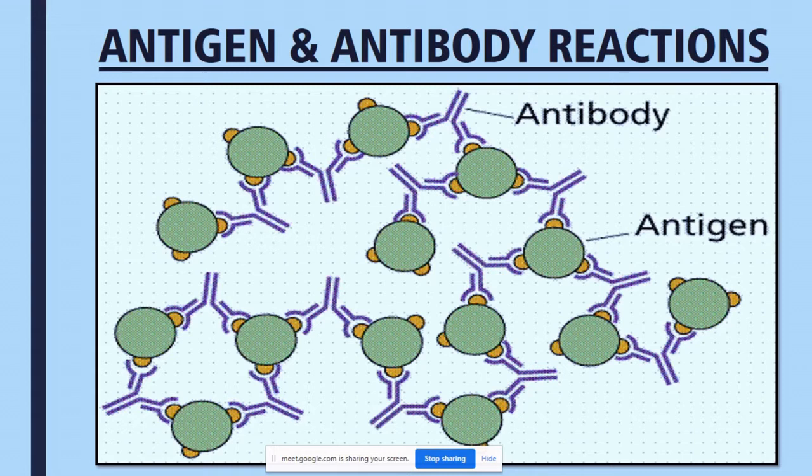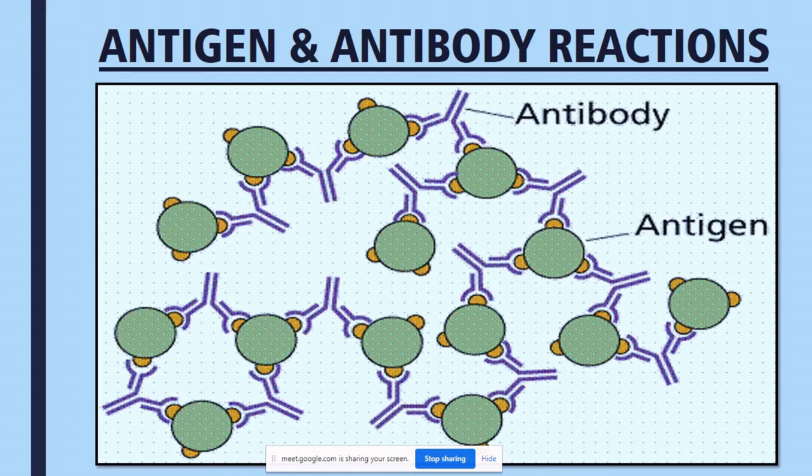Now there is another observation here: one antibody is bound to two antigens, or should I say two epitopes of different antigens. Although the epitopes are the same, what difference it is making is that it has formed a large lattice.